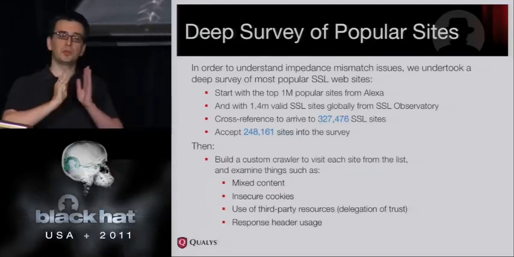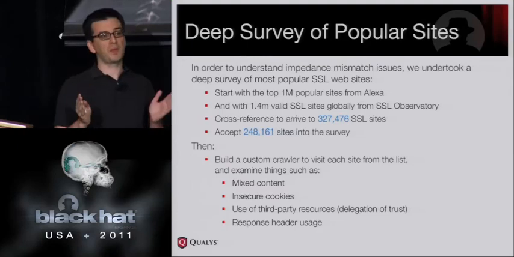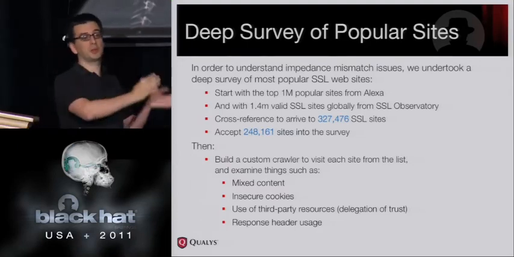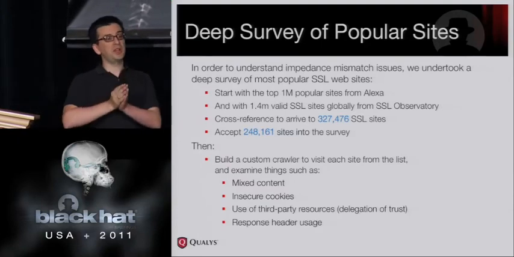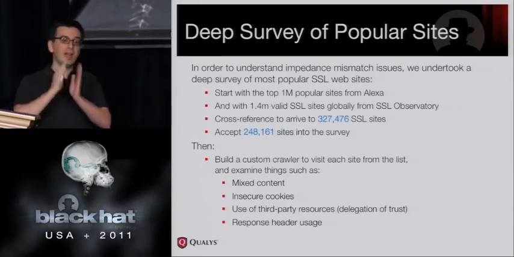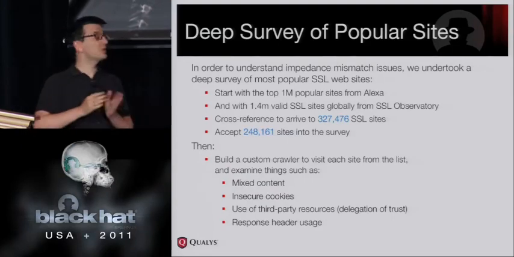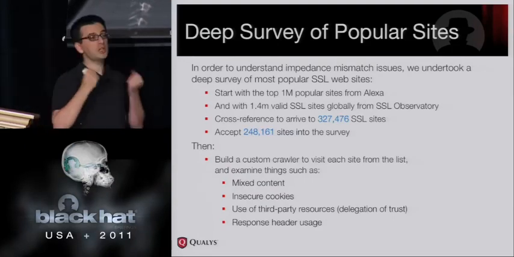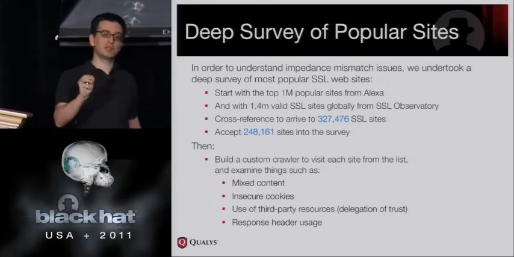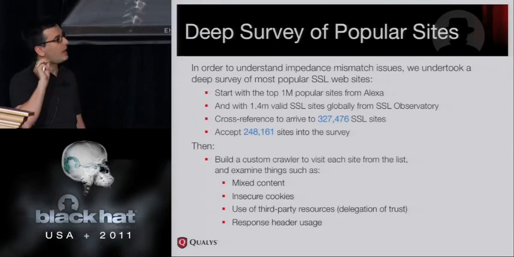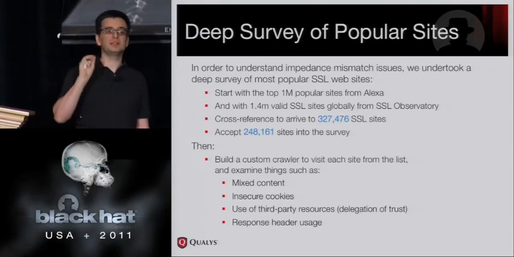SSL is designed to protect any TCP protocol, which is great because then it works with anything else. However, the problem is that the protocols that are being protected don't know anything about SSL. As a result, over the years, especially in HTTP, a number of issues occurred which are essentially impedance mismatch issues. And these issues actually cause SSL to be completely subverted.